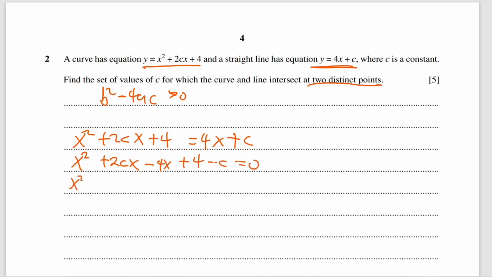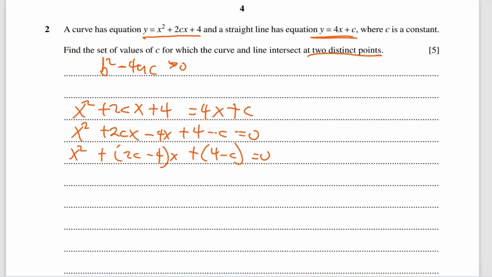So that we can have x squared plus (2c minus 4)x plus (4 minus c). And then we apply the discriminant on it so that we can have (2c minus 4) all squared minus 4a, and then c is greater than 0.